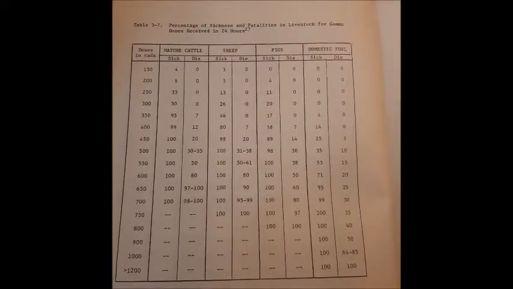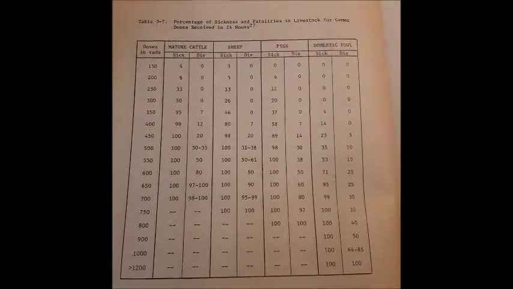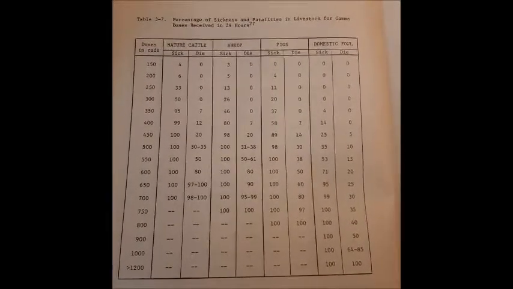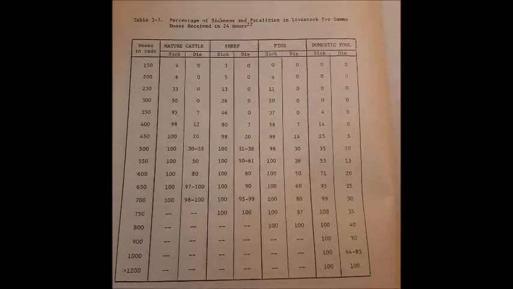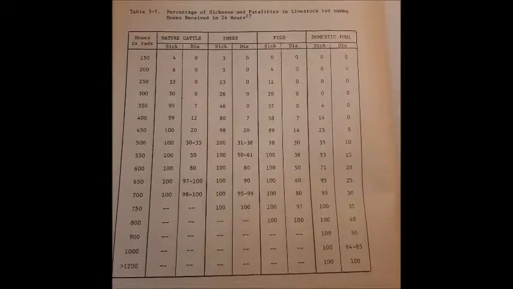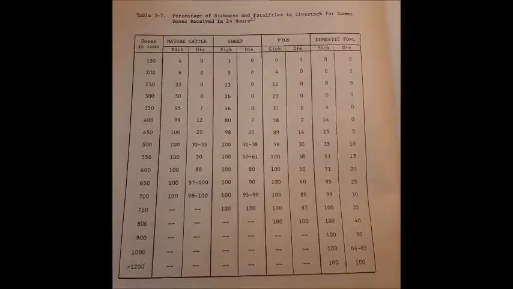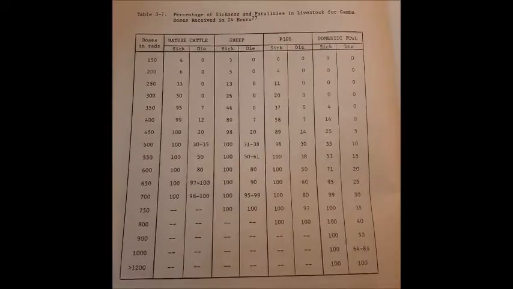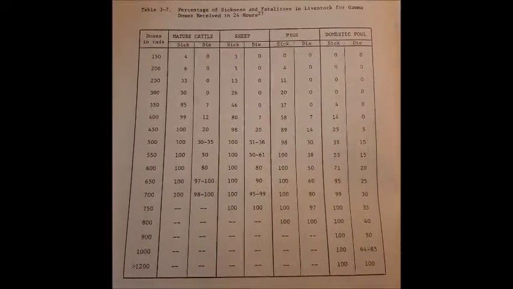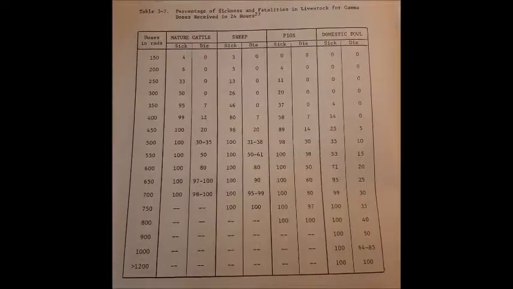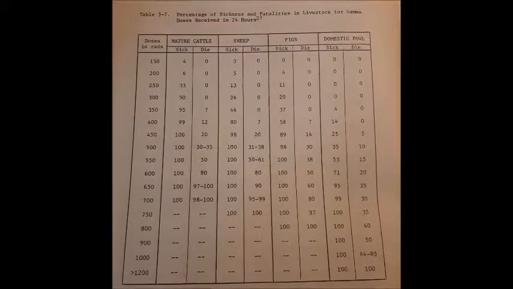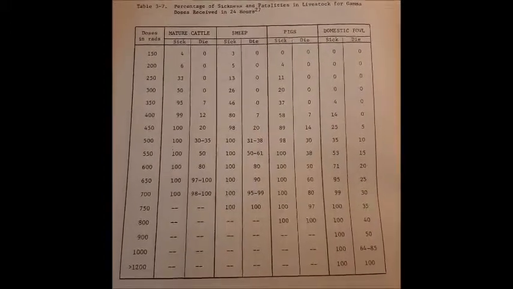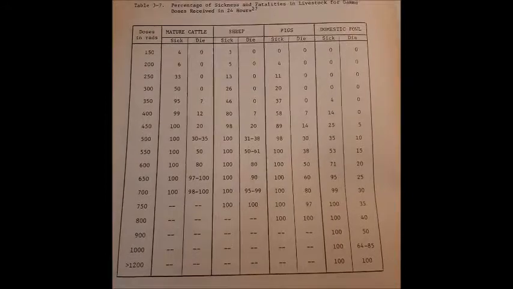So you can see here what the accumulated doses of radiation are in a 24-hour period that makes farm animals sick and kills farm animals. This chart was used for planning in the Soviet Union. You can do a screen capture by halting the video on your computer, and you can print this.